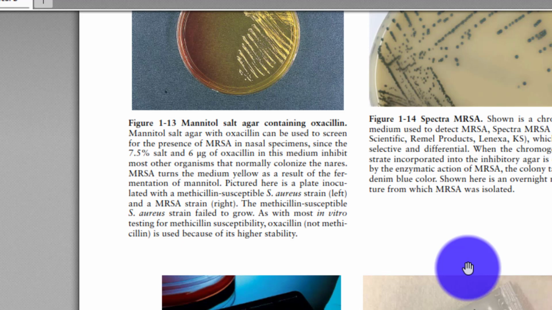MRSA turns the medium yellow as a result of the fermentation of mannitol. Pictured here is a plate inoculated with a methicillin susceptible Staph aureus strain and an MRSA strain. The methicillin susceptible strain failed to grow. As with most in vitro testing for methicillin susceptibility, oxacillin, not methicillin, is used because of its high stability.